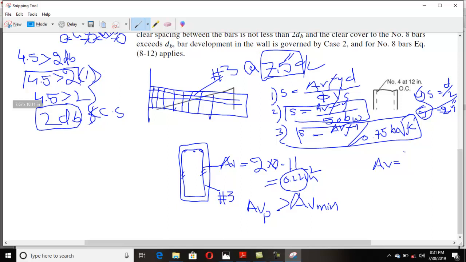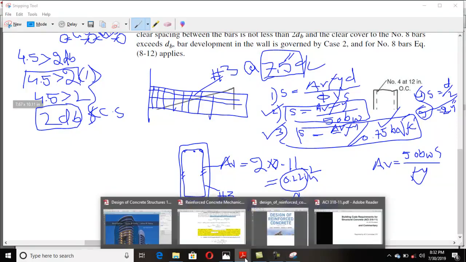Clear? You can get Av from this formula also. So they basically derived Av from this formula as well as from this formula. Select the minimum value from these criteria, since each will give you one value.